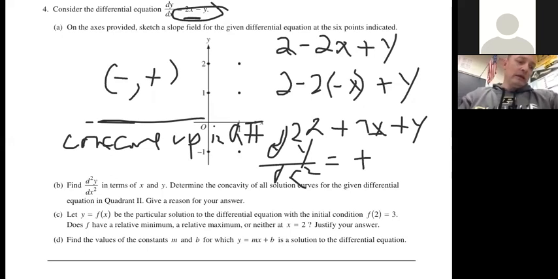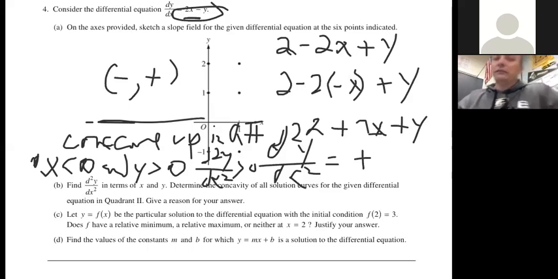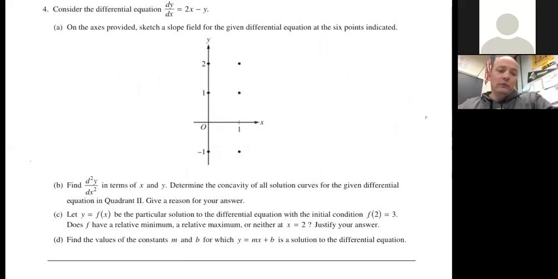And we would say because x is less than 0 and y is greater than 0 in quadrant 2, which makes d2y, the second derivative of y with respect to x, greater than 0 for all those values. So that would be the answer for problem part B. So you have to find the second derivative for one point, and then finding the concavity and explanation are another point.